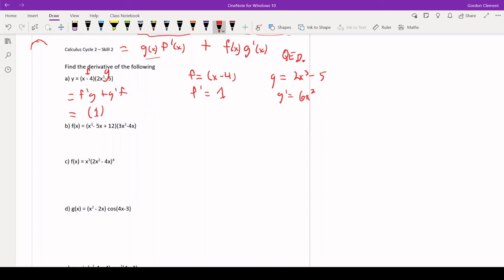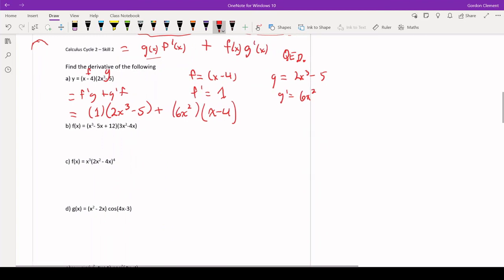So again, I already did the pieces of this one. So I'll just write out those different pieces. F prime g, g prime f, like so. And again, we're just doing first line only. If you had to do anything with that, you'd probably want to expand and simplify and all that wonderful stuff.